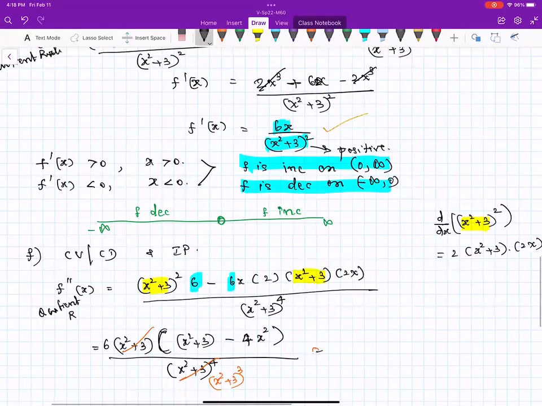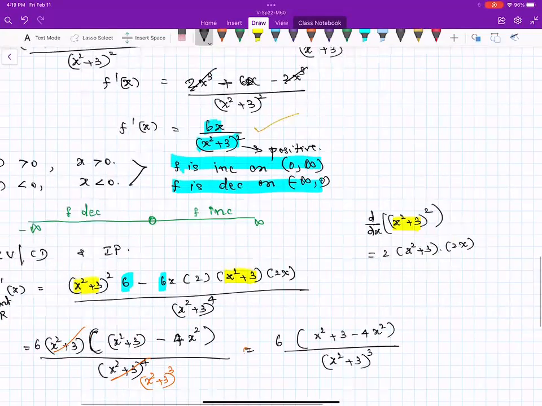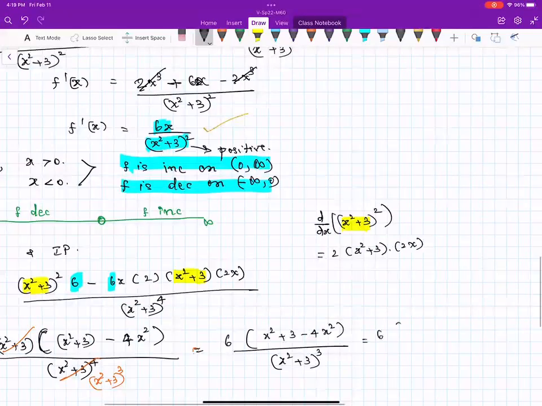So this will be 6 times x squared plus 3 minus 4x squared, divided by x squared plus 3 the whole cube. So it will be 6 times 3 minus 3x squared, if you simplify the like terms, divided by x squared plus 3 the whole cube.